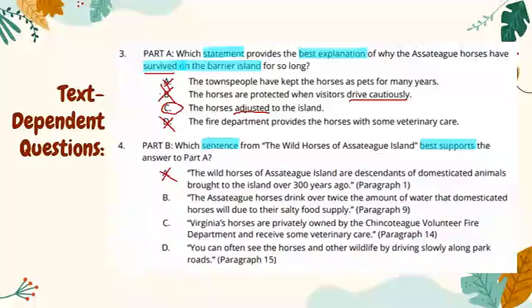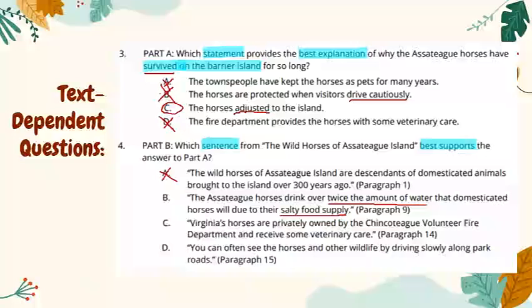B, the Assateague horses drink over twice the amount of water that domesticated horses will due to their salty food supply. Oh, all right, they have adjusted to the island by drinking twice as much water because of the salty food. I think the answer is going to be B. C, Virginia's horses are privately owned by the Chincoteague Volunteer Fire Department and receive some veterinary care.